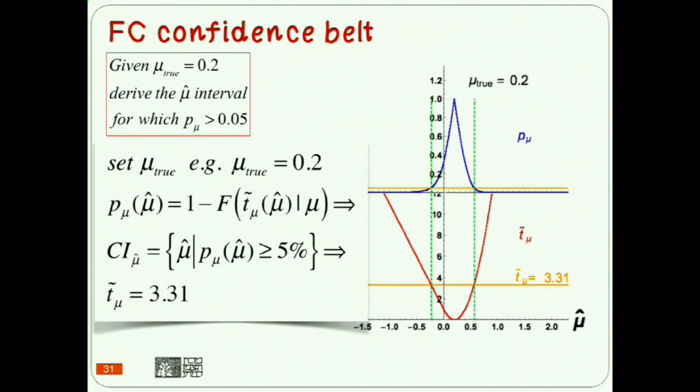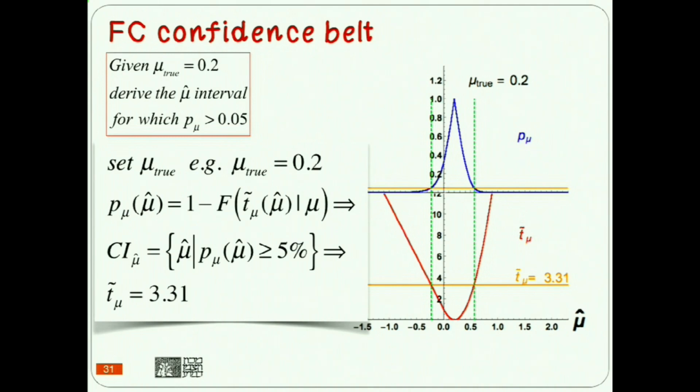Now here's the thing. I can use the asymptotic, set mu true to be some fixed value, say 0.2. Now P mu, as I told you, is a function of the data, of mu hat, because the T tilde mu is a function of mu hat. So P mu of mu hat is 1 minus the cumulative F of T tilde mu of mu hat given mu.